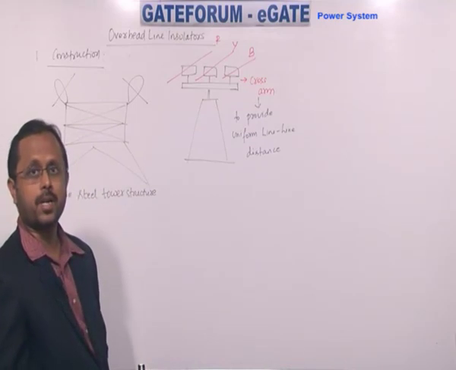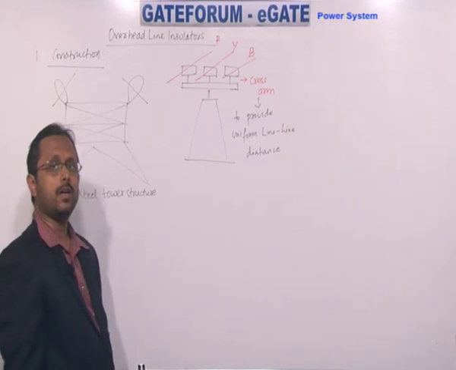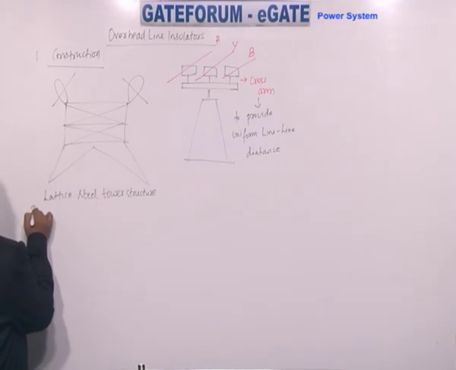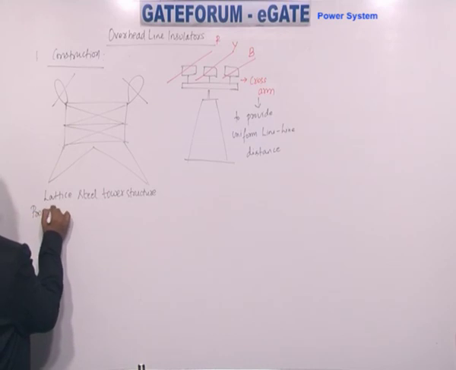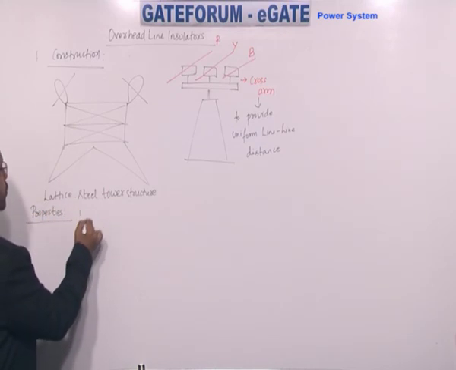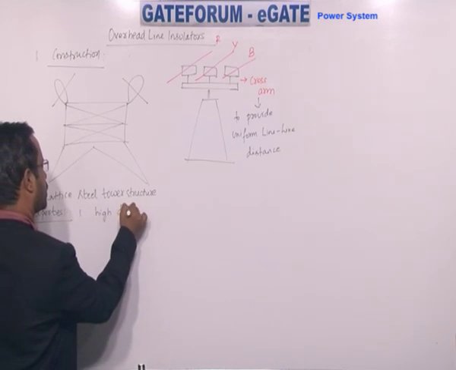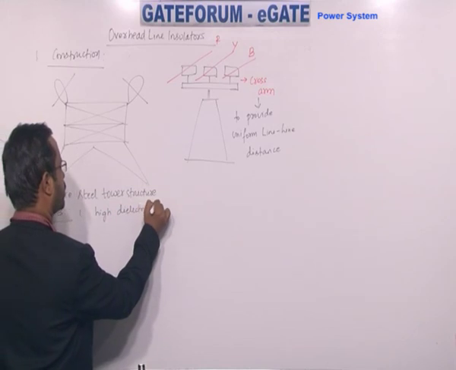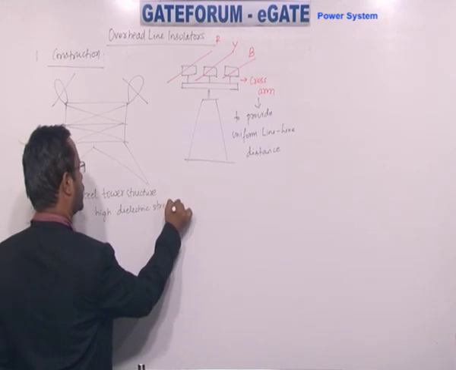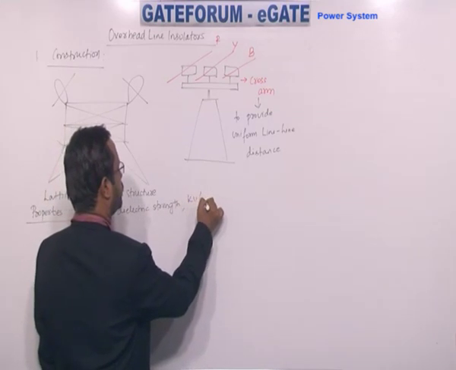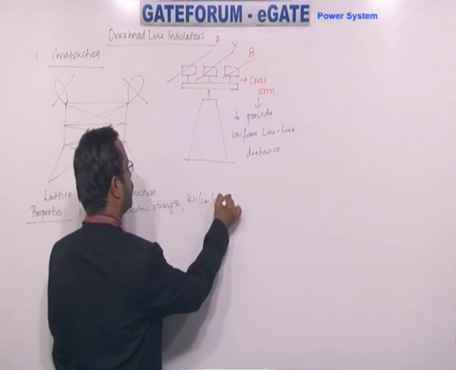Now we check the properties of insulators. The first property is high dielectric strength, expressed in kV per centimeter per peak.